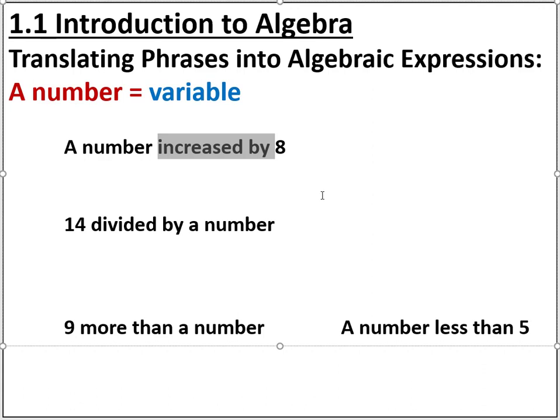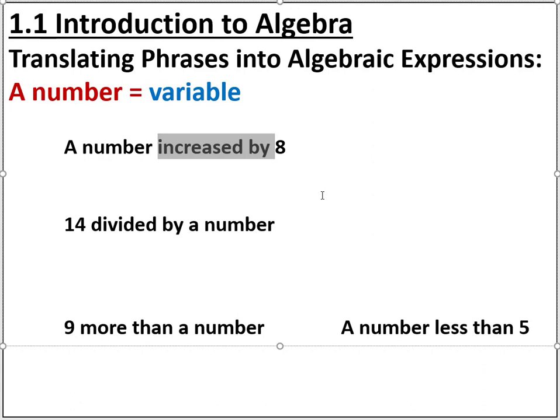When it comes to translating, there is no specific way of using a variable for a number. For this video's sake, we're going to use x as our variable. However, you are free to use whichever letter you would like when you're translating phrases into algebraic expressions.